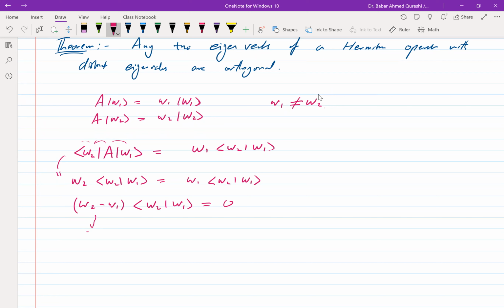So either this is 0 or this is 0 or both. So if W2 is not equal to W1, then necessarily they are orthogonal. However, if W2 is equal to W1, then you can't say.